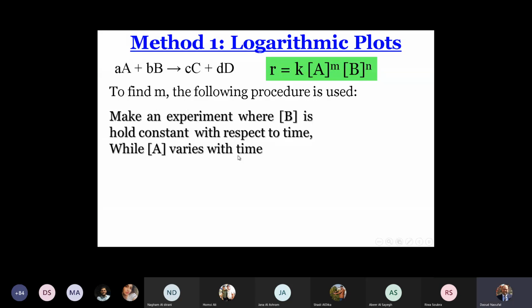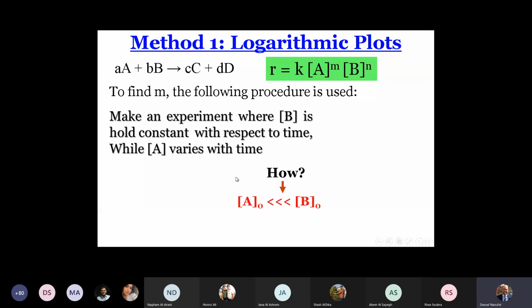I will take a certain amount of A, another amount of B, and mix them in order to do the experiment, but pay attention, I have a condition. Choose A and B in such a way that the concentration of B, which will decrease with time since B is a reactant, is practically constant, and that of A changes with time.